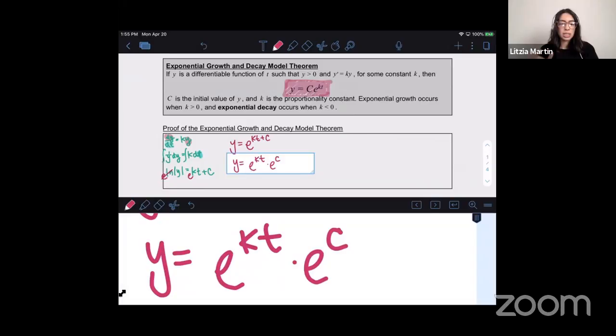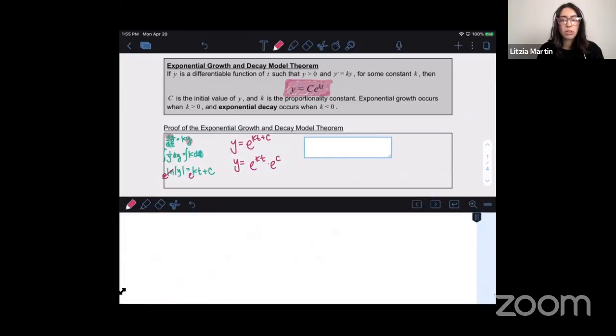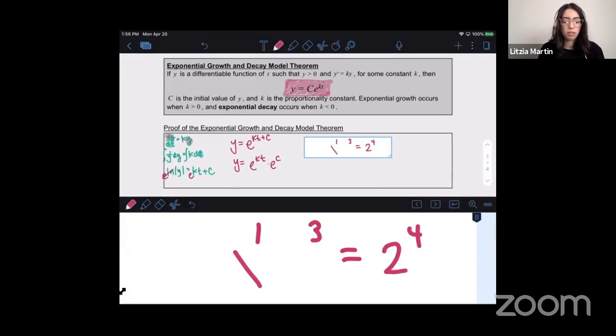So e to the kt times e to the c. It's kind of like saying if you have 2 to the 1 times 2 to the 3, that's the same thing as 2 to the 4th, right? Or even x times x cubed is x to the 4th because you're just adding those powers. So as long as you have that same base, that property applies.